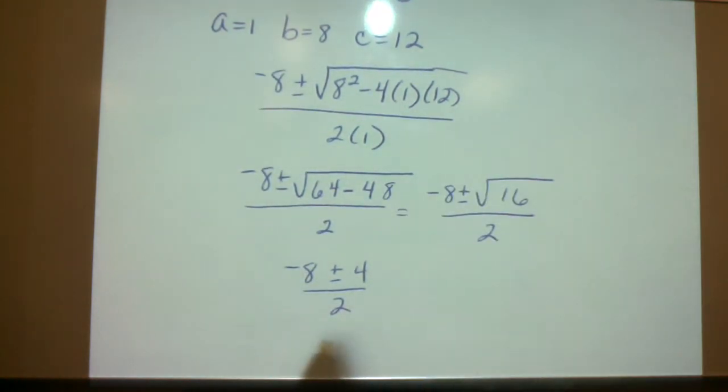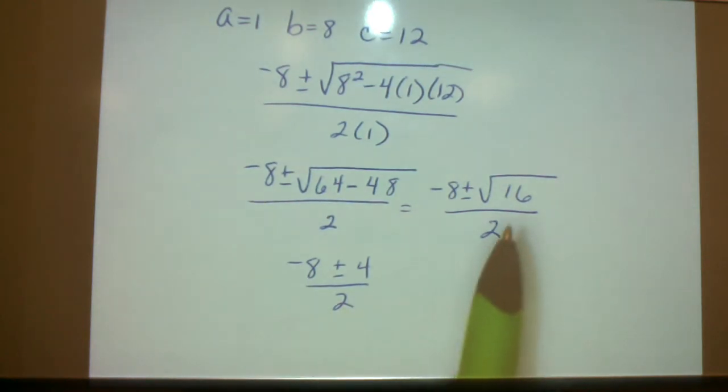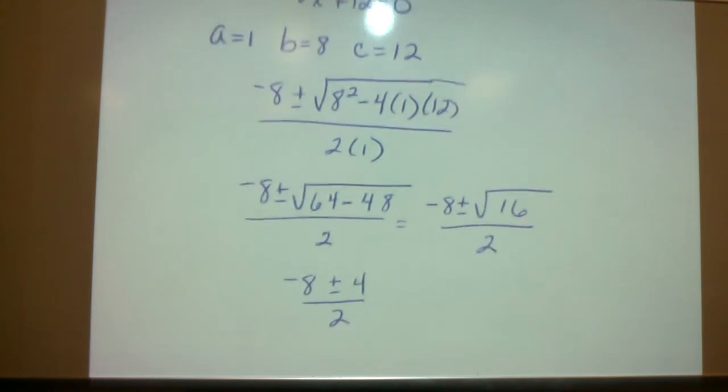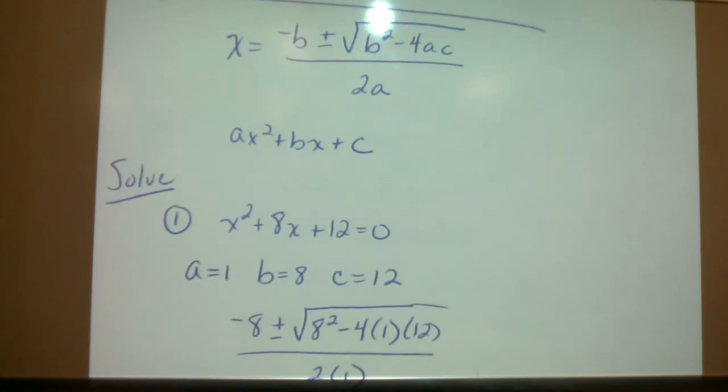Now, I'm trying to work this down to one number. Because this was a perfect square, I probably should have said this at the beginning, but we're going to scroll back up here to the original formula.